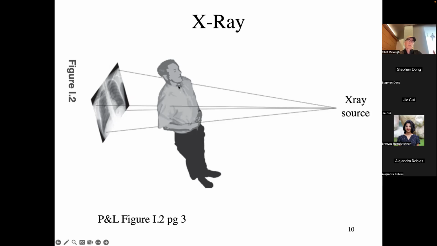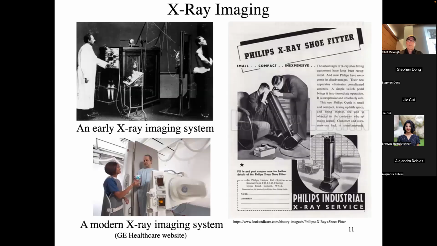And so this is a chest X-ray. It's done millions of times a year in a hospital. If you go in with some kind of respiratory abnormality or a vascular abnormality, they'll do a chest X-ray. Or if you break a bone, they'll do another type of X-ray.